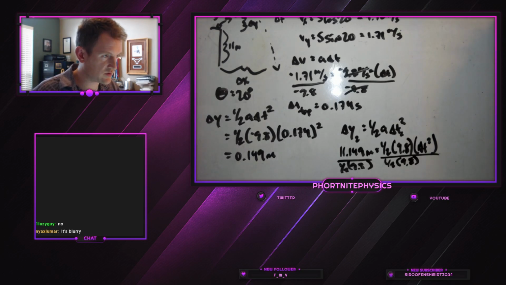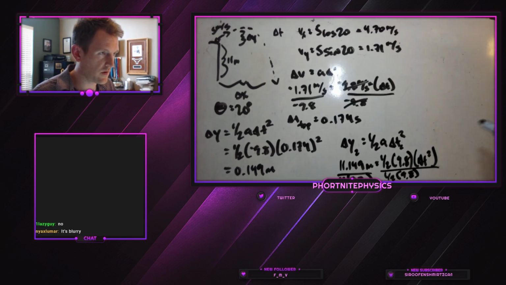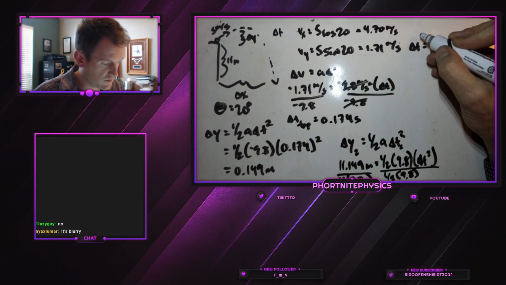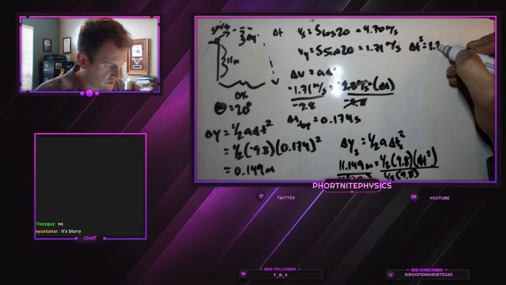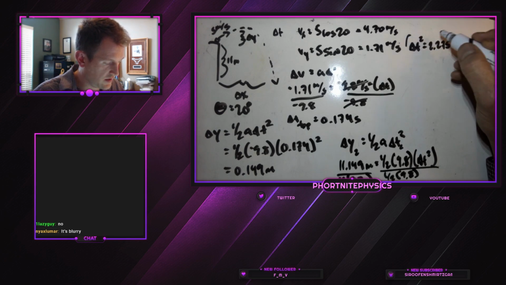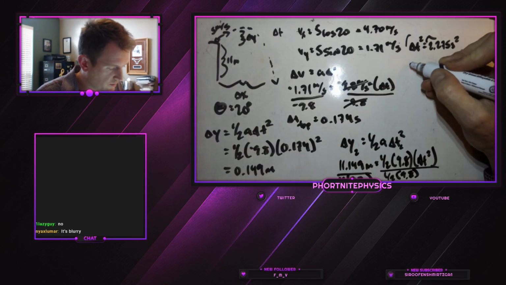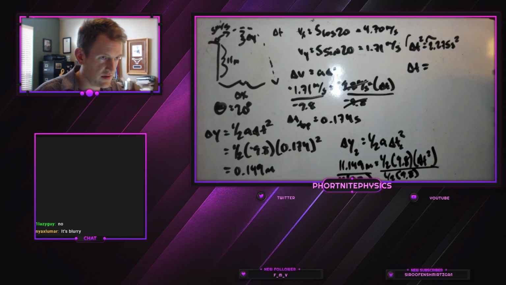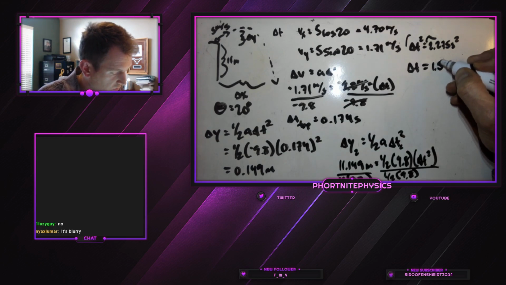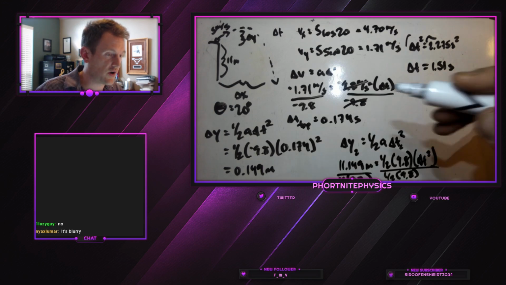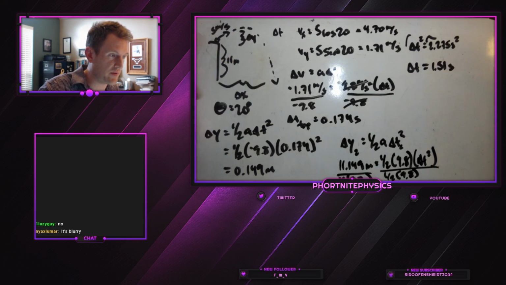So our time squared is equal to 2.275 seconds squared. If we square root both sides, we end up with a delta t from the very top all the way to the bottom of 1.51 seconds. That's how long it takes to fall from the highest point of its flight all the way back down.